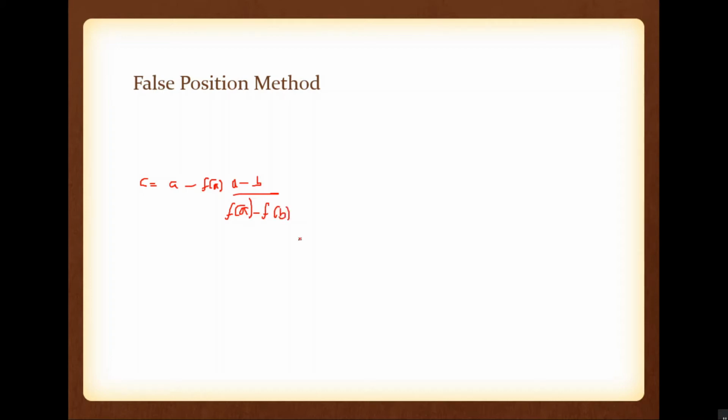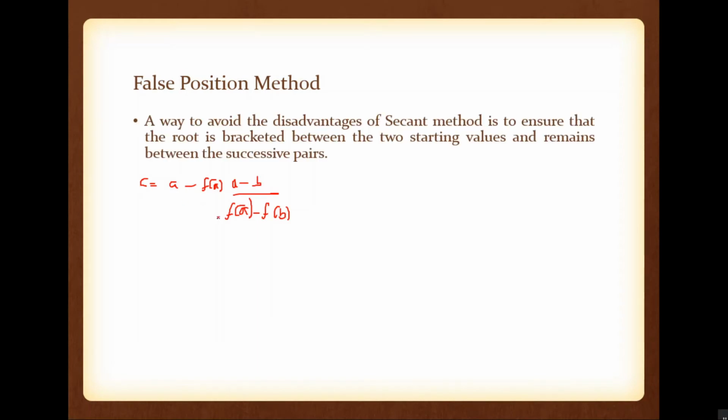Okay, so this is the method to find c. So we are finding a and b by using the bisection method, and we are finding c by using the secant method. Okay, so that we are going to use.